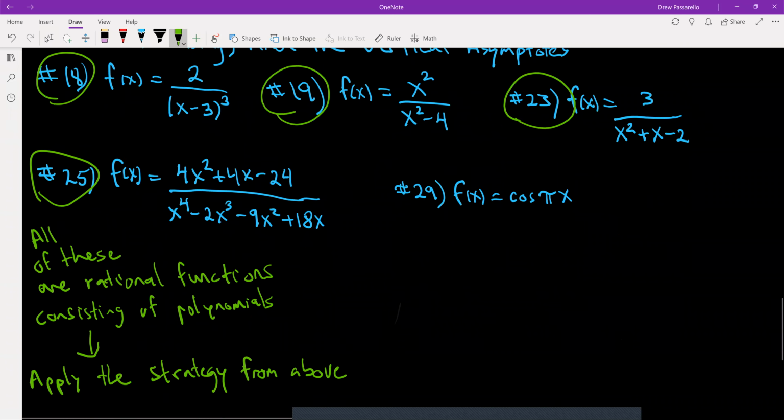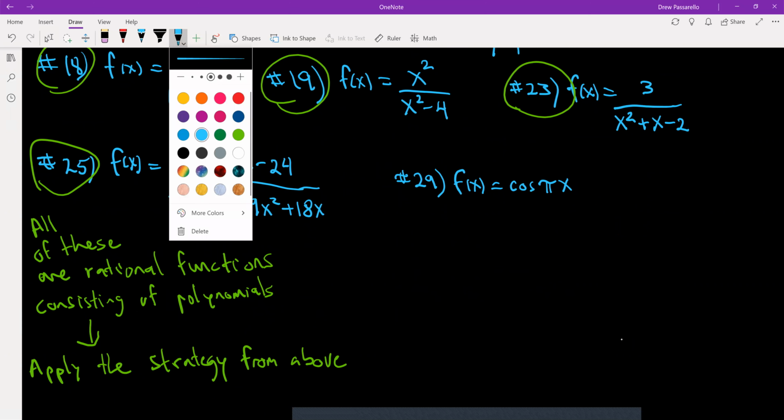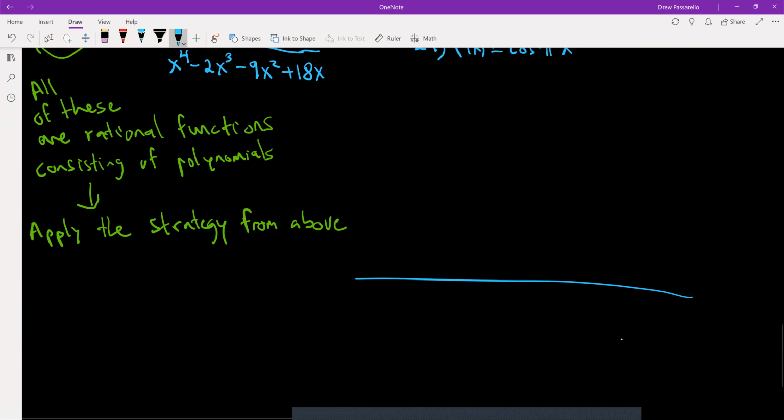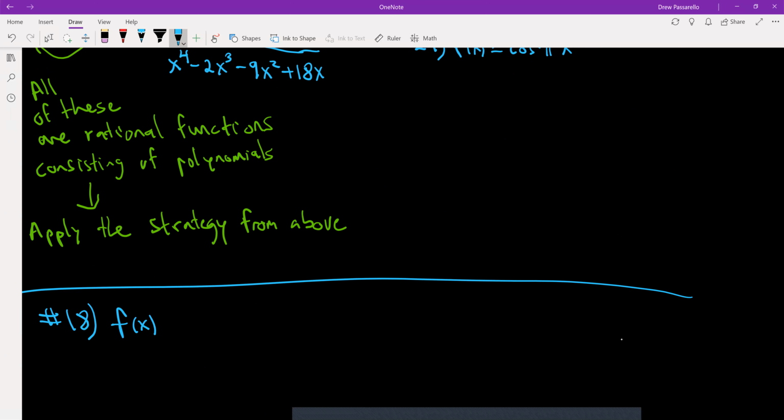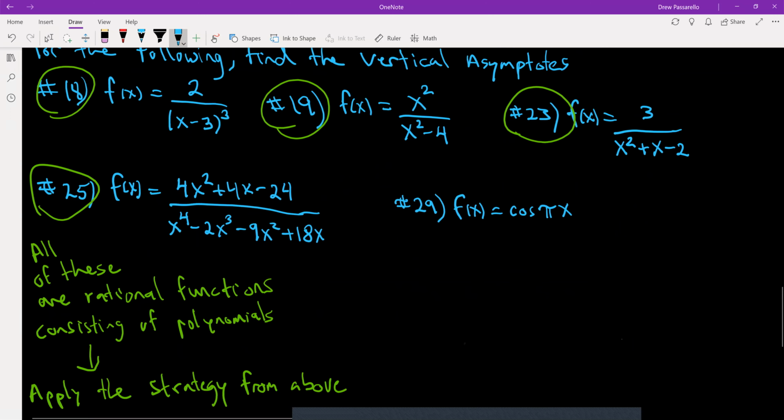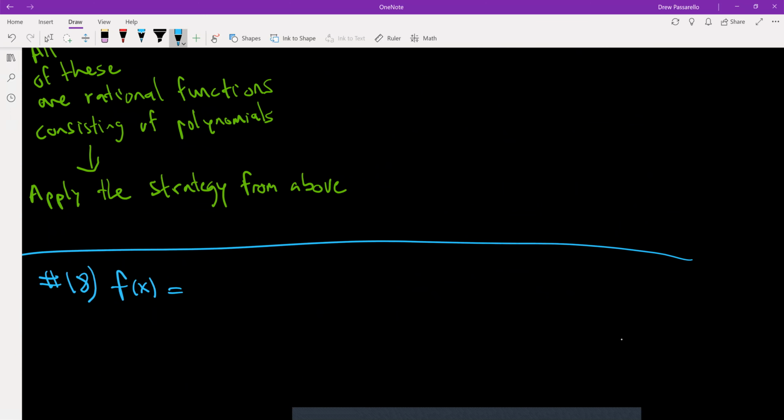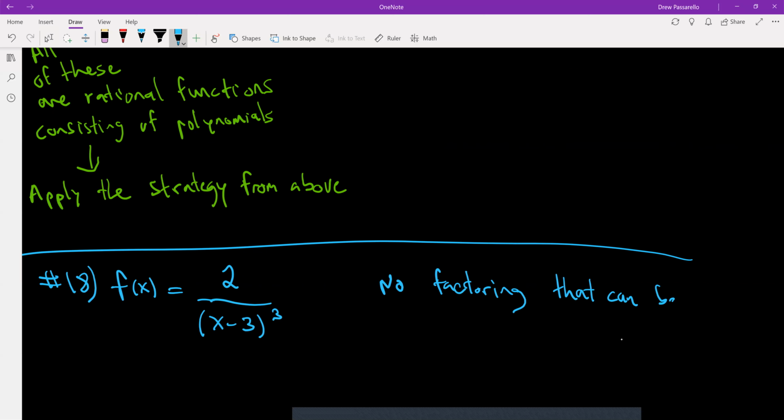All right, so number 18. Our function is 2 over (x minus 3) cubed. Now for this one, there's no factoring that can be done, so there's nothing I'm going to cancel out from top and bottom.